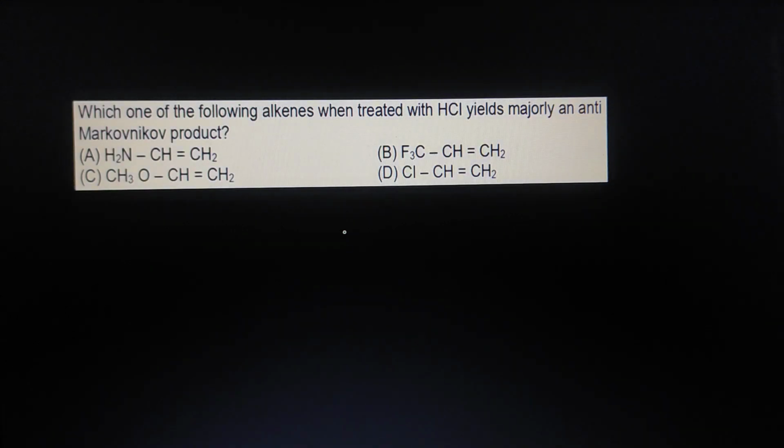Next question: which one of the following alkenes when treated with HCl yields majorly an anti-Markovnikov product?